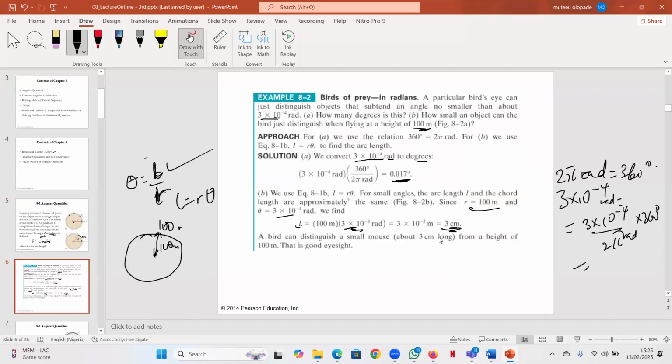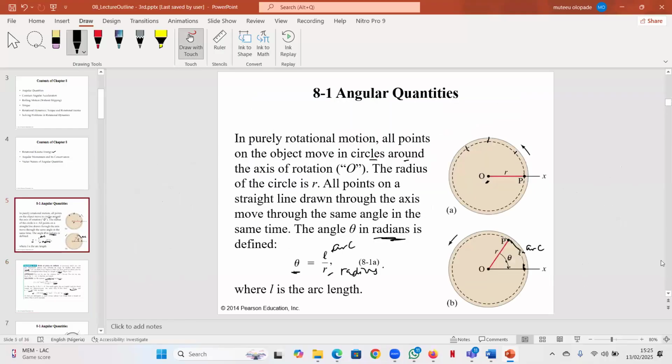That is the size of the object. The size of the object is 3 cm. So if it is here, this is at 100. This is the radius which we're given. So from O to P, we have it at 100.